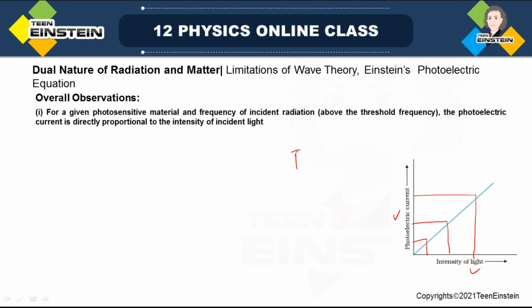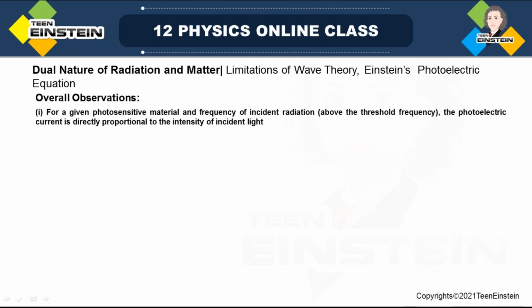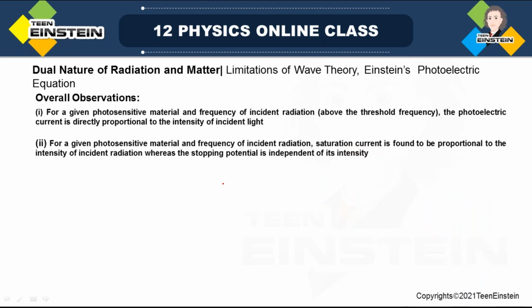So the photocurrent is directly proportional to the intensity of the light. This is the first and foremost observation we have seen. Then what is the second observation we see?